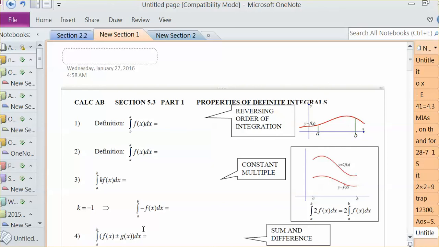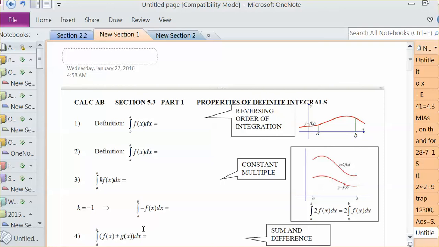Okay, so obviously this is going to extend from the lesson we had in section 5.2 where we talked about the definite integral and related it to the area between the curve and the x-axis.